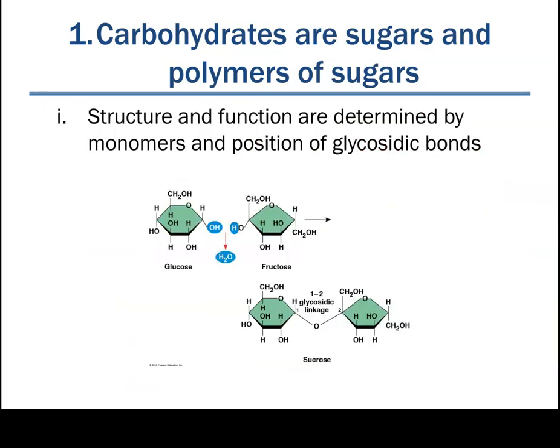So the structure and function, again, are determined by the monomers and the position of those glycosidic bonds. Sucrose is very common in our diet. It's very easy to break down. There's just one bond we have to break to be able to break it back down into glucose and fructose.